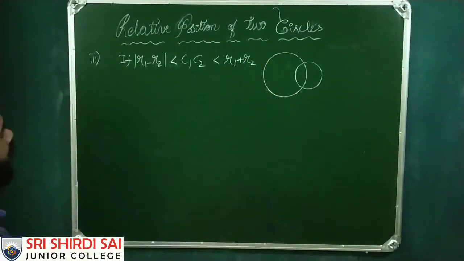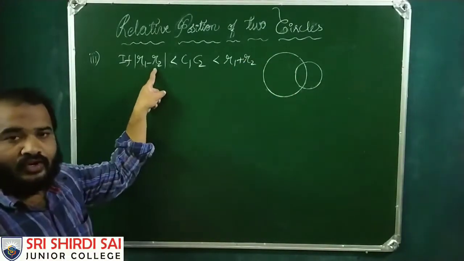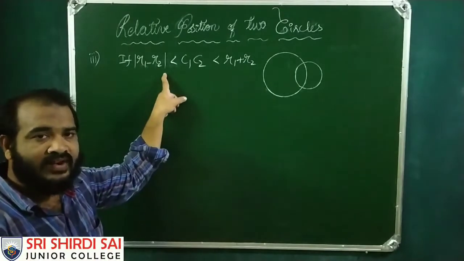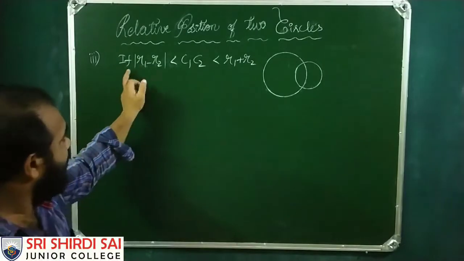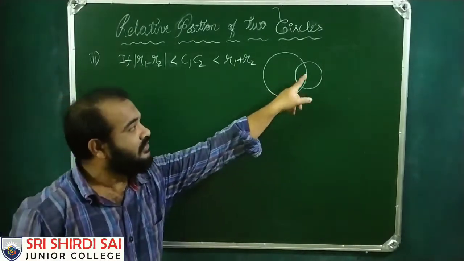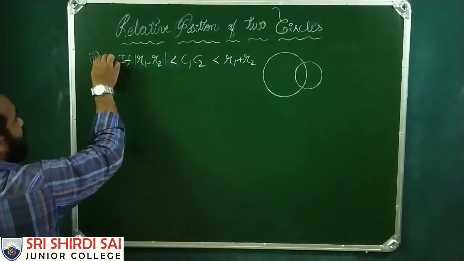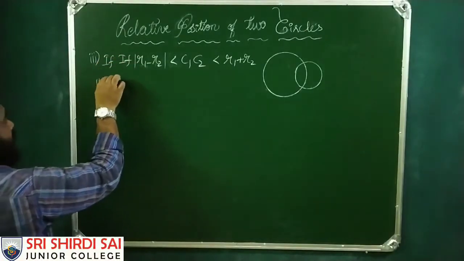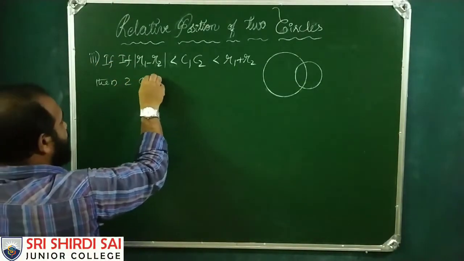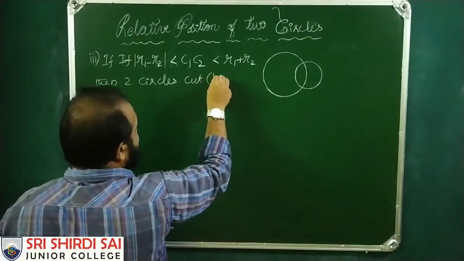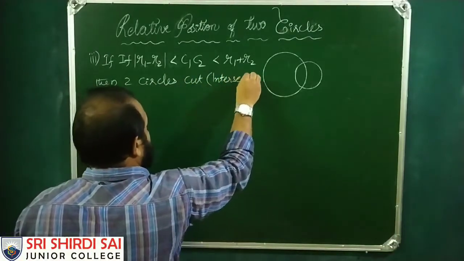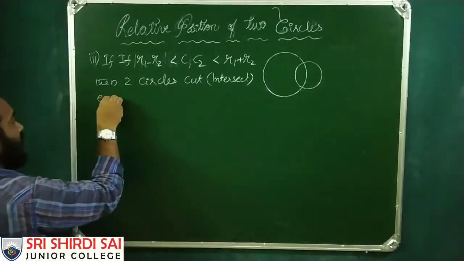Why R1 minus R2? It could be R2 minus R1 as well. So if this is the condition, then the two circles cut or intersect each other.